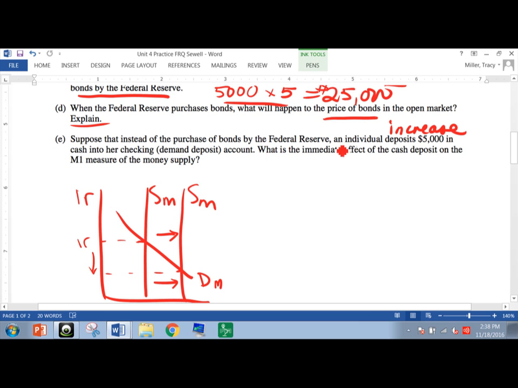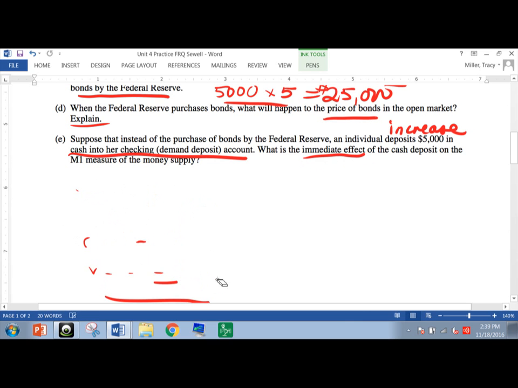Lastly, suppose that instead of the purchase of bonds by the Fed, an individual deposits $5,000 of cash into her checking account. What is the immediate effect of the cash deposit on the M1 measure of the money supply? So in class, a lot of kids wanted to multiply the 5,000 by 5 and then remove the required reserves. But that's actually not what this question's asking you.